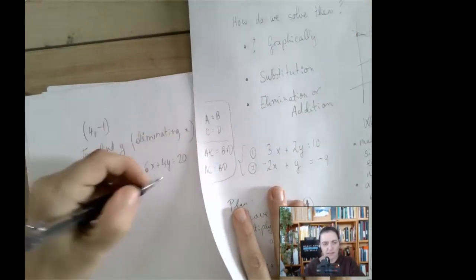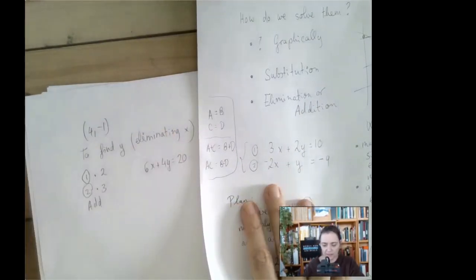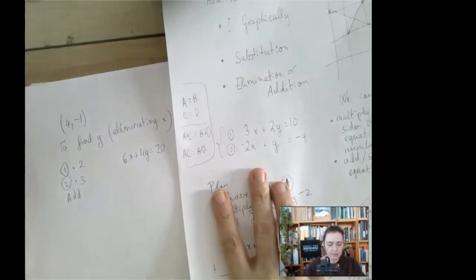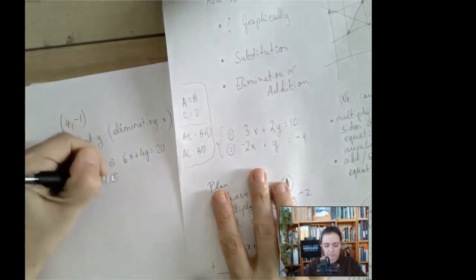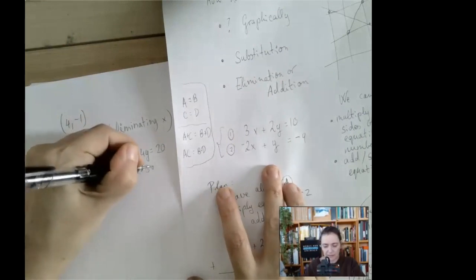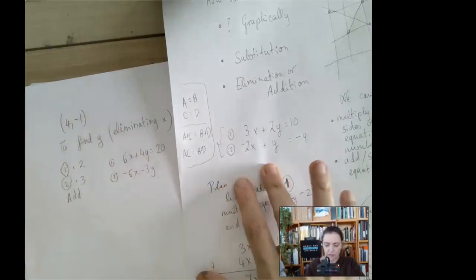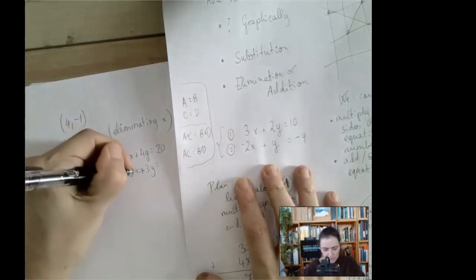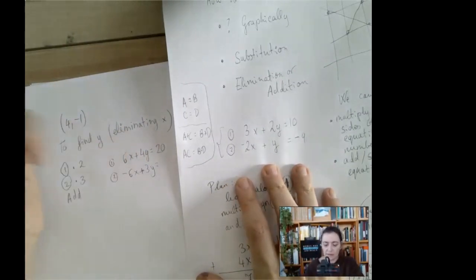Don't forget the other side. It's a common mistake not to multiply the other side. And we're going to triple the second equation. We get negative 6x minus 3y equals, we're tripling, negative 27.